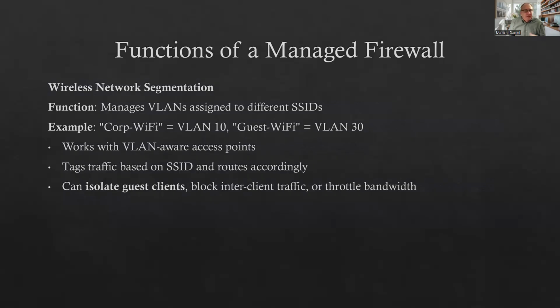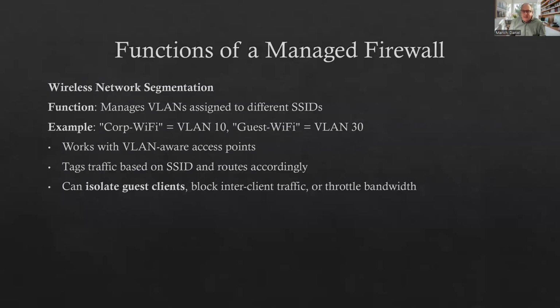All right, wireless network segmentation. Again, managed firewalls can be a big tool in this. We can segment wireless traffic using our VLANs tied to a specific SSID. What is our SSID? That is our identifier for our wireless network. So a business may assign corp Wi-Fi to VLAN 10 and guest Wi-Fi to VLAN 30.